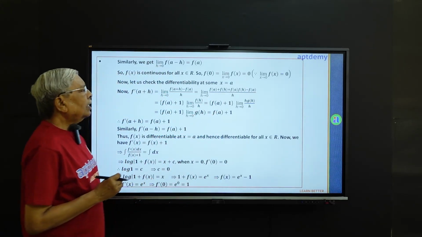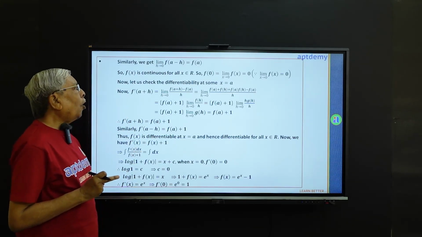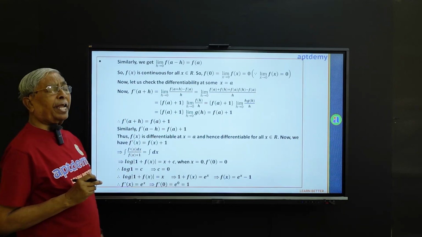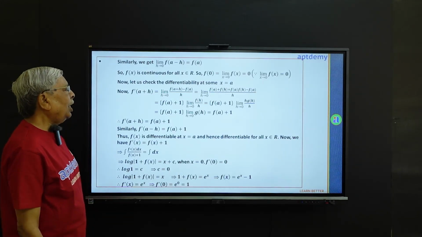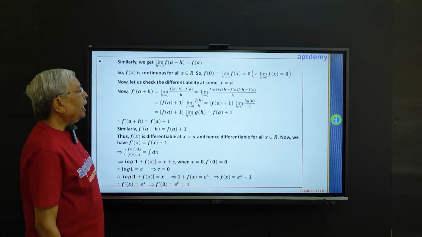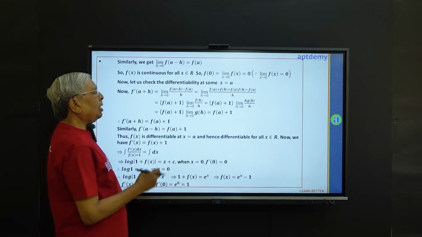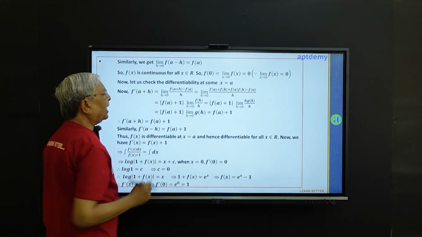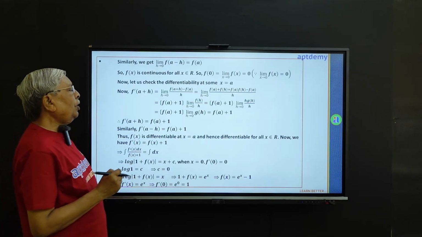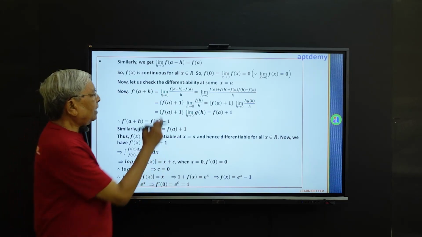Now after that, we check the differentiability of the function at x equal to a. We know that f'(a) equals limit h tends to 0 of [f(a+h) - f(a)] upon h. By our given condition, we can write f(a+h) is equal to f(a) + f(h) + f(a)f(h), then minus f(a).